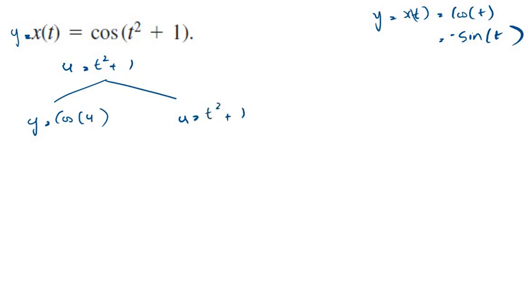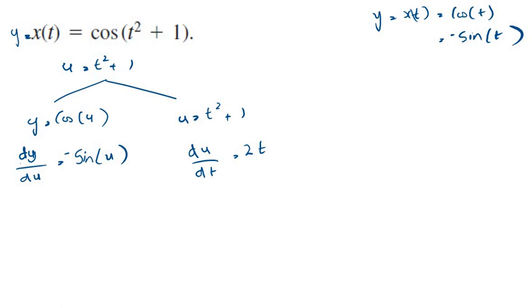So then we get dy over du is equal to minus sine u, and du over dt is equal to 2t. That's when you differentiate this part.